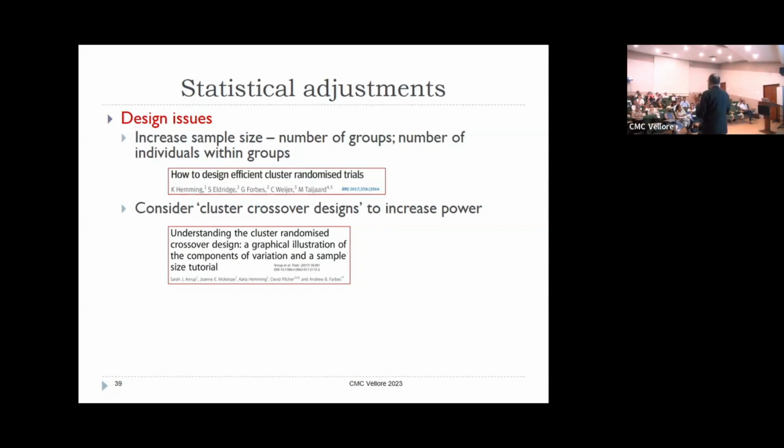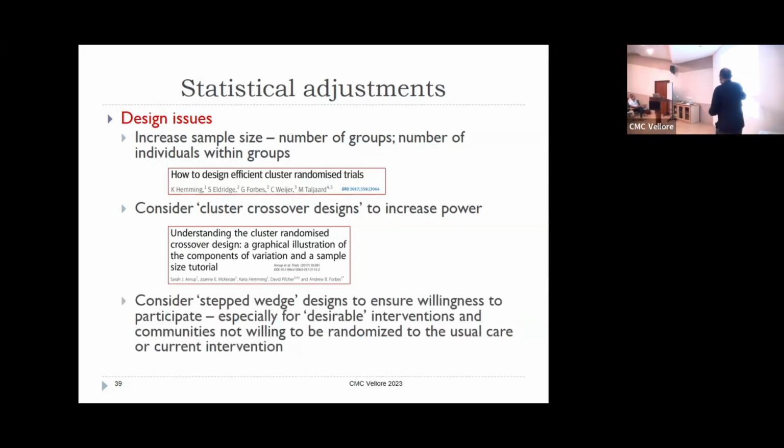So it was possible. And what you can do multiple times, you can cross over not just once, you can cross over 2, 3, 4. We can get more power by doing that. So then we can do cluster crossover designs to increase the power. And there are other designs.